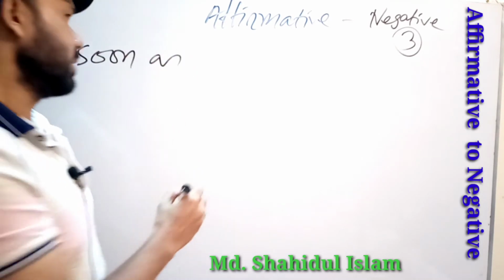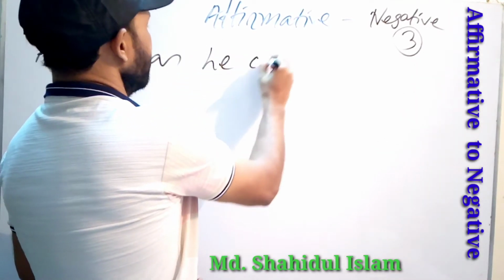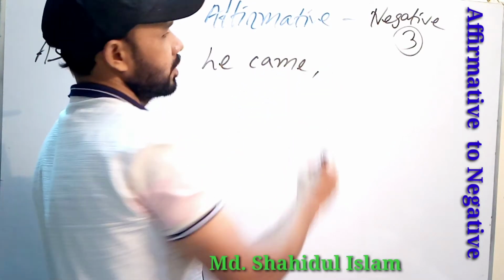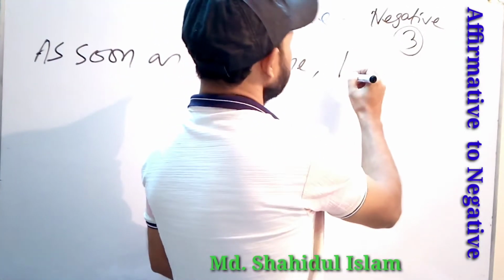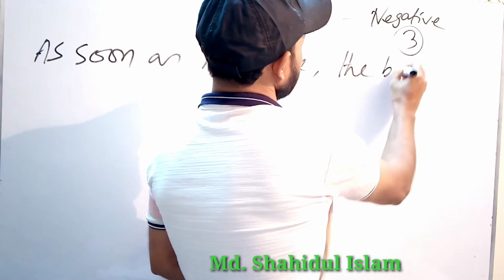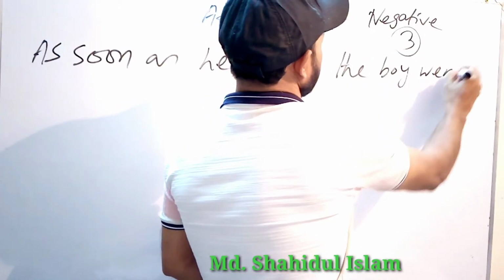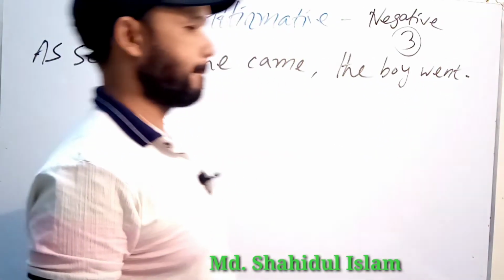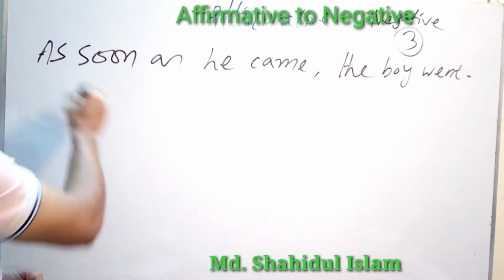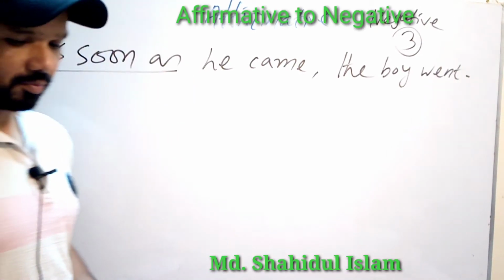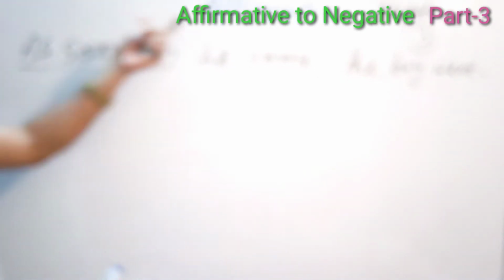As soon as he came, the boy went. Look at the example. As soon as. When you find this type of sentence in affirmative form, then you have to use it in this way in negative.